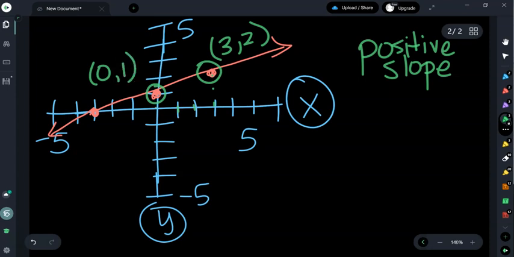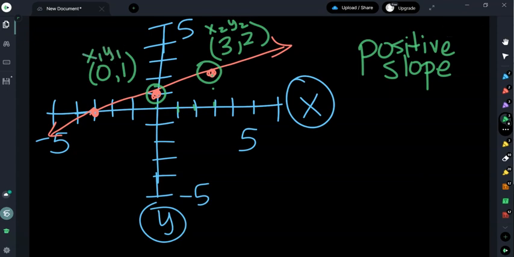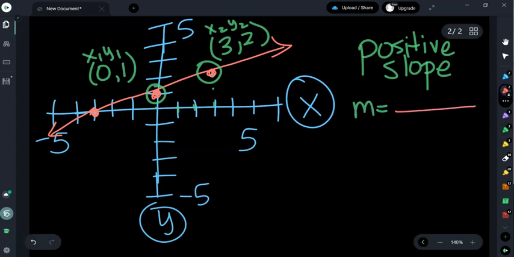So I could plug into my slope formula and do my y2 minus y1 divided by my x2 minus x1. So I could designate this as x2, y2. It doesn't matter which one is x1, y1, and which one is x2, y2. It doesn't matter. And I could set up my slope formula like so. And I put my minus signs in there.